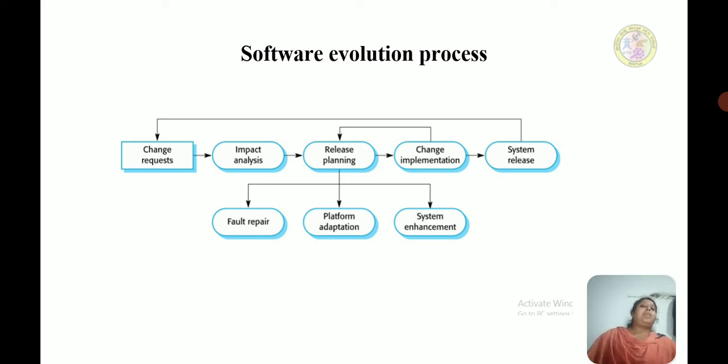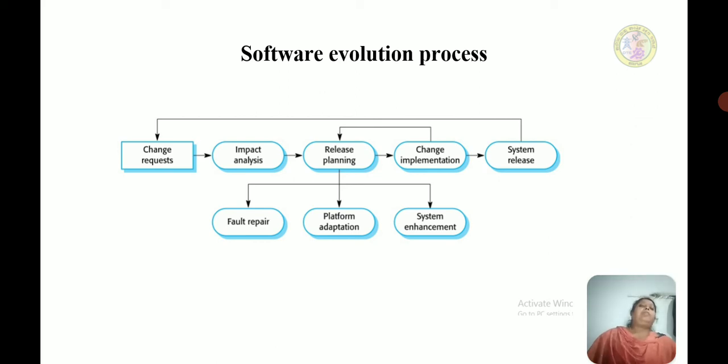In release planning, it is split into three different types. One is fault repair, the second is platform adaptation, and the third is system enhancement. In fault repair, if you identify any problems that have occurred, they have to be repaired.